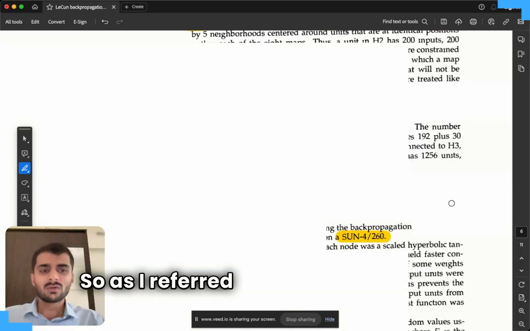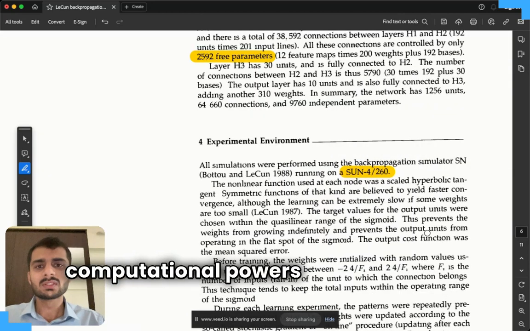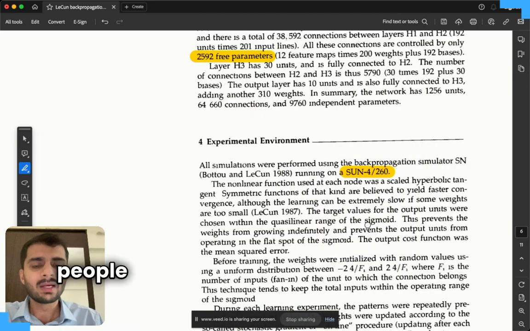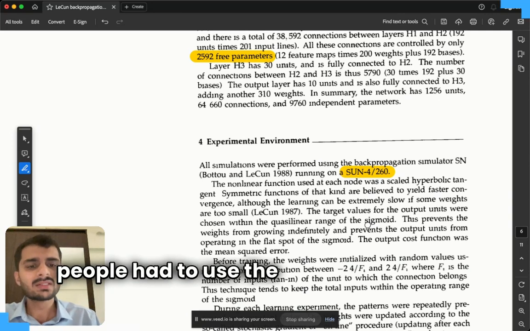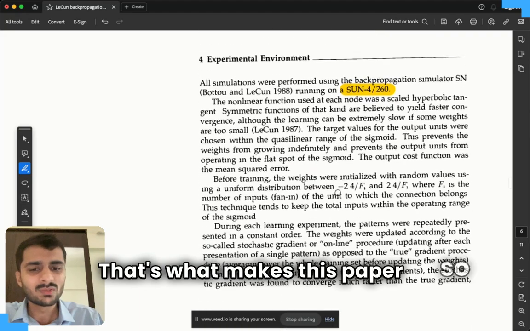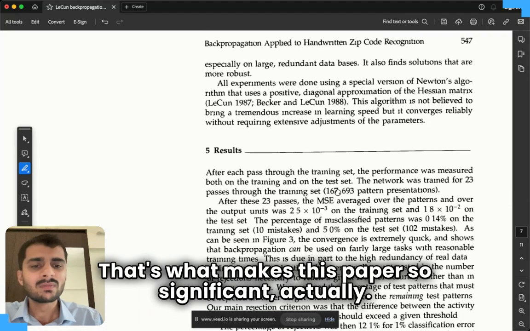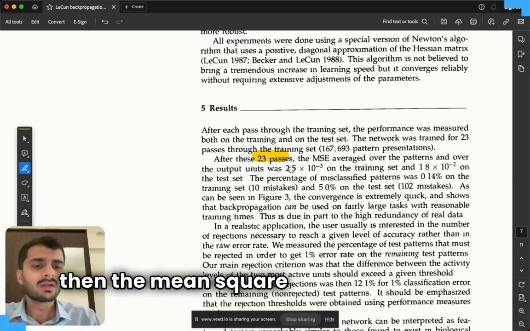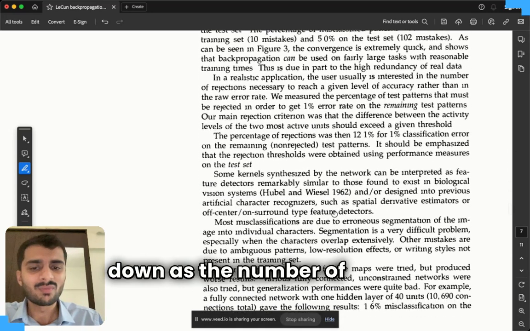As I referred to before as well, the computational powers back then were not very high, and people had to use the existing machines, and a lot of manual work was involved. That's what makes this paper so significant, actually. It was trained for 23 passes, and then the mean square error really came down as the number of passes increased.